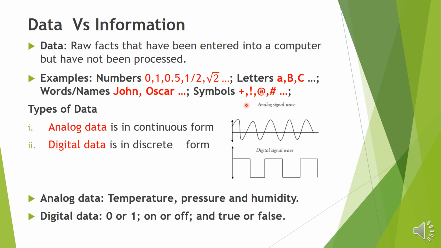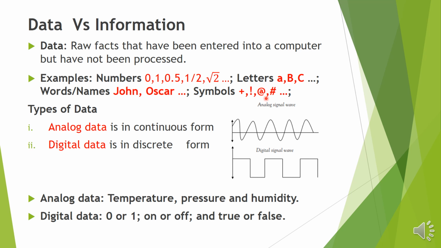We have other types of symbols known as special symbols like RT, you are familiar with this one. We have the hash sign, we have dot or just periods, we have comma, we have colons, we have semicolons. All of these symbols are known as data because they have to be entered into a computer and the computers transform them into information.